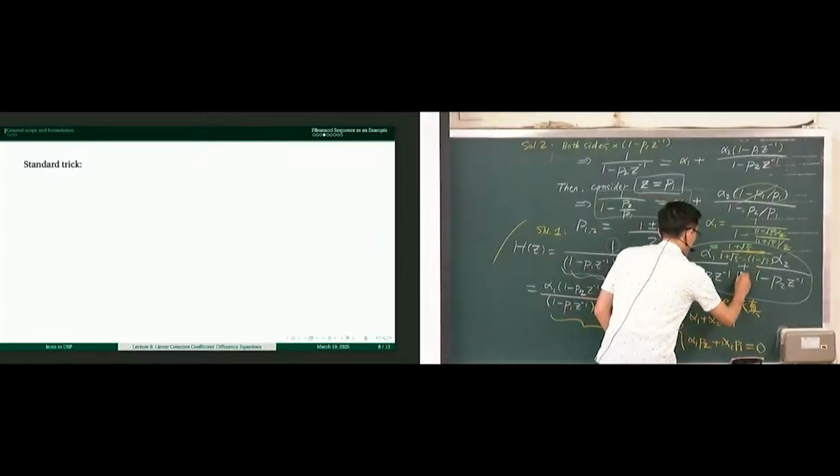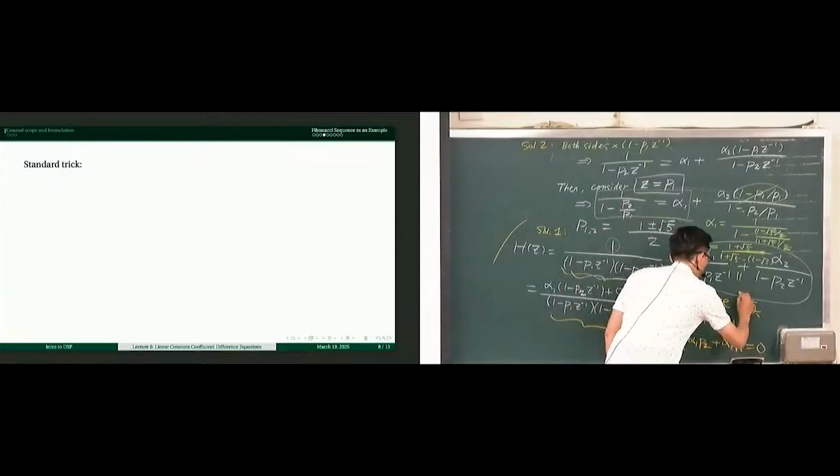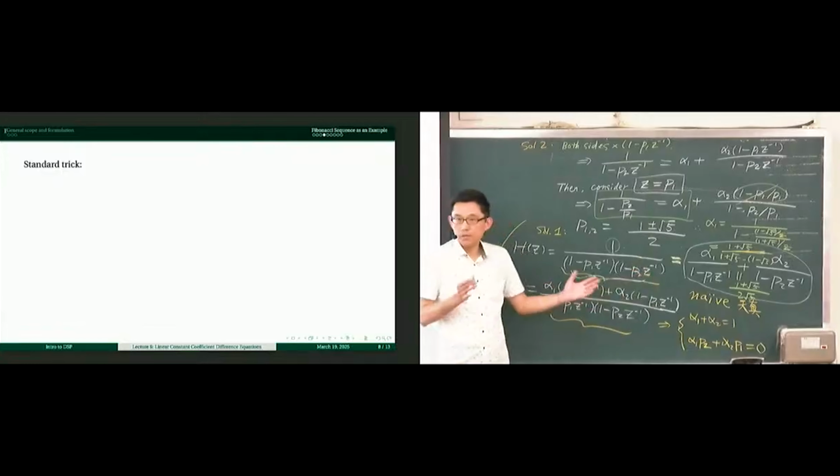And so the answer is what? Let me stop right here. I have figured out that alpha 1 is that. It is a bit ugly, but I believe this is correct.